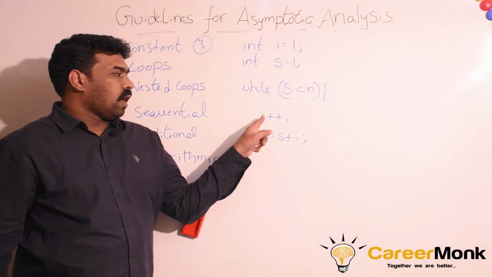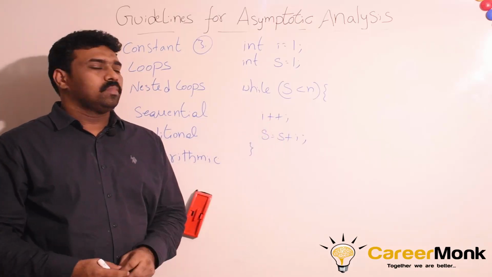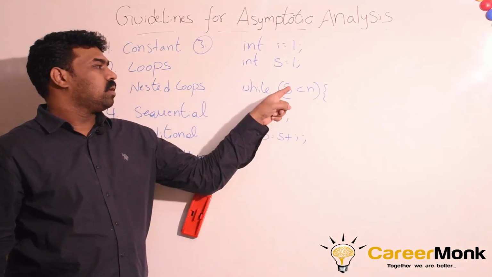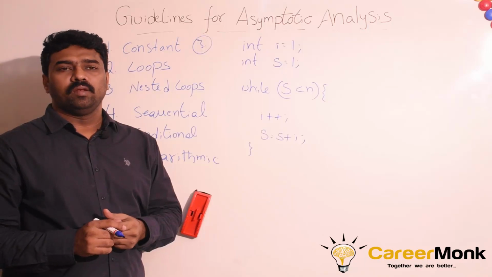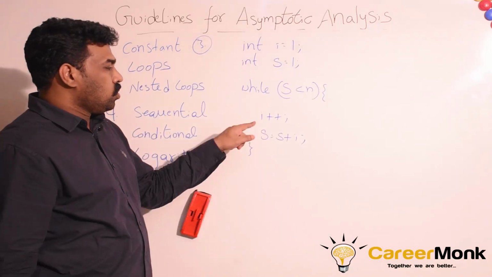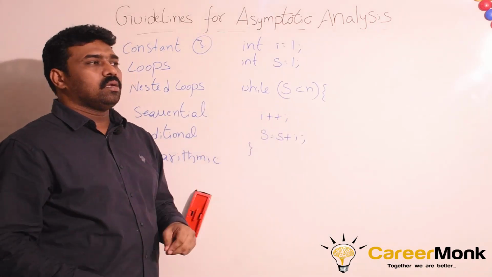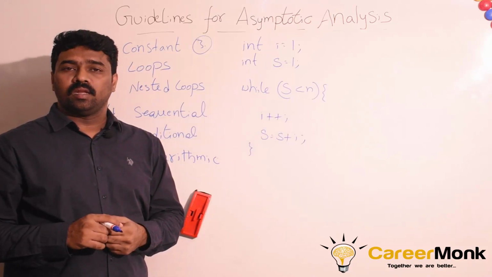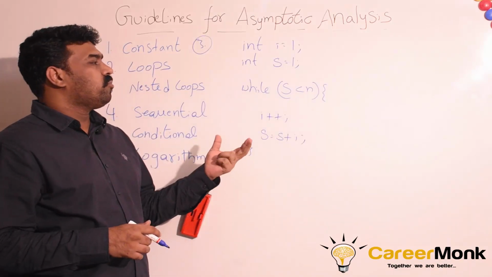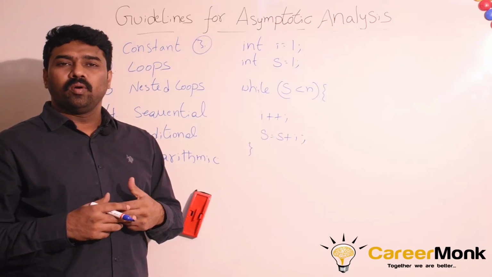In this code, i value is getting incremented every time, and that value we are adding to s and comparing it with n value. Since we are not comparing the i value with n, definitely the number of iterations are less than n. But how do you find the exact running time of the algorithm? How do you analyze this code?